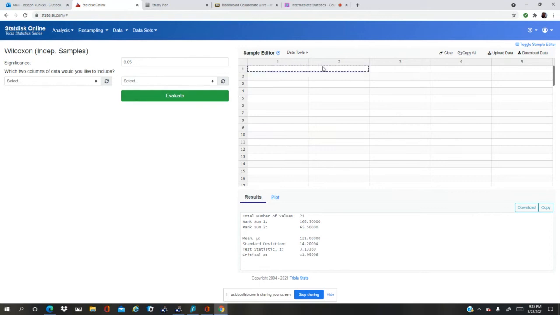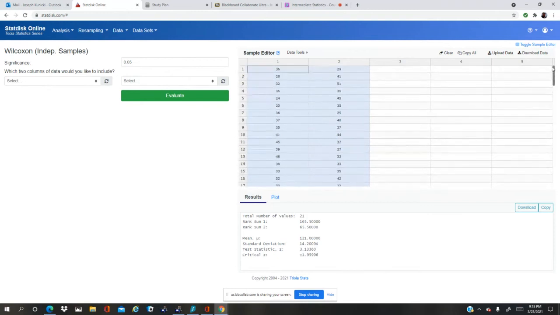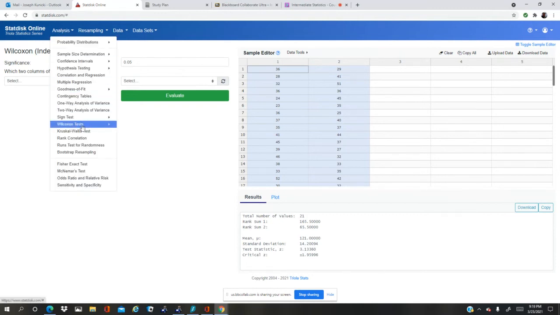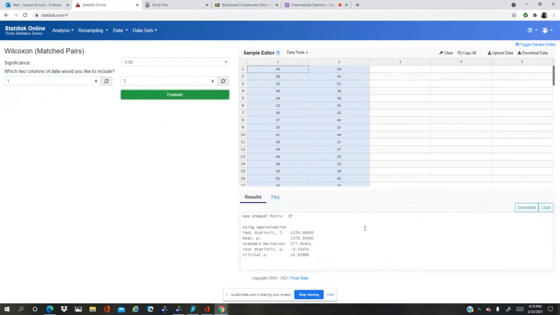Now I paste the raw data with Control V into StatDisk, and yep, there's 100 pairs. This is Wilcoxon independent samples. I want the Wilcoxon matched pairs, so I'm going to do column 1, column 2, evaluate.